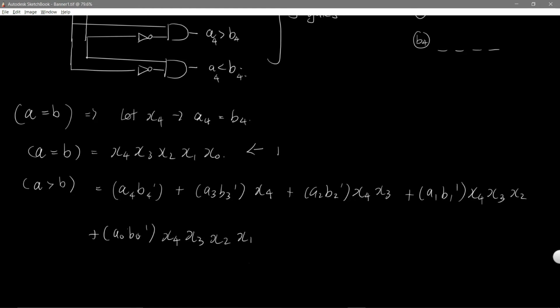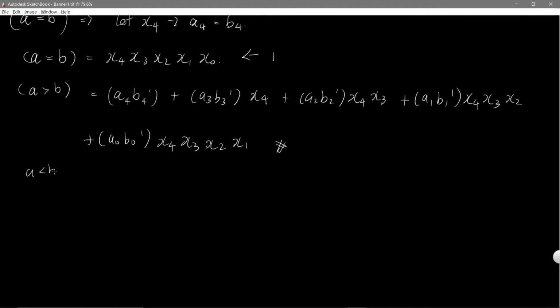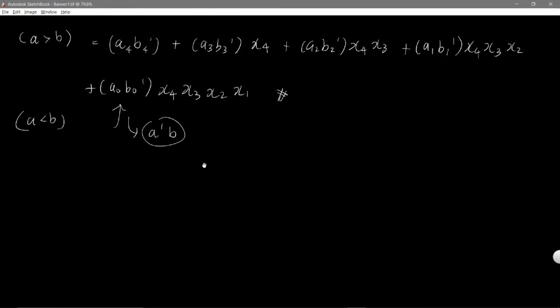So this is the expression we want for A is larger than B. What about A is smaller than B? You just change everything here to A not, B. The other things still stay the same.